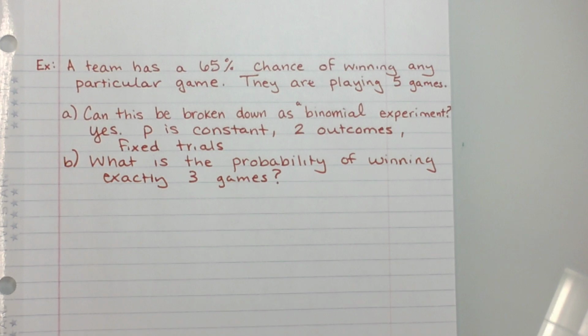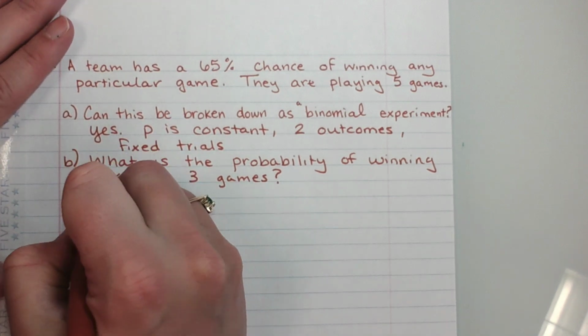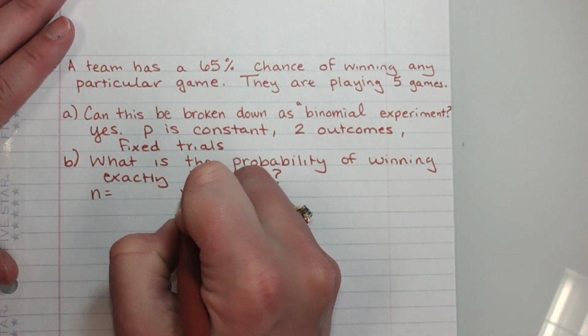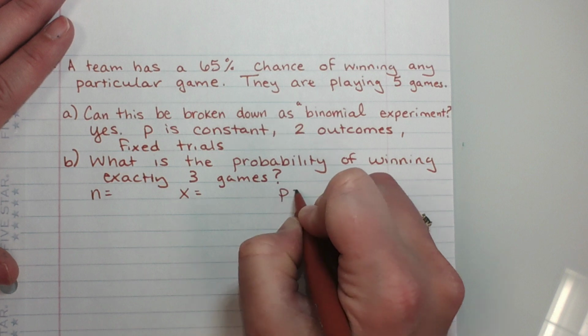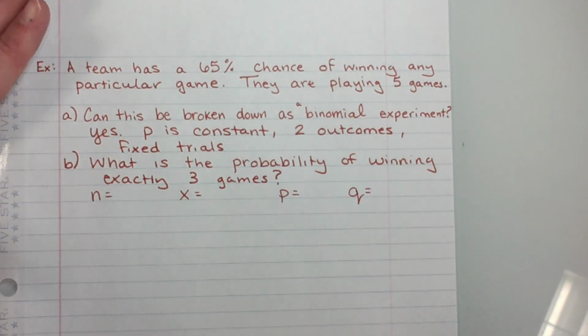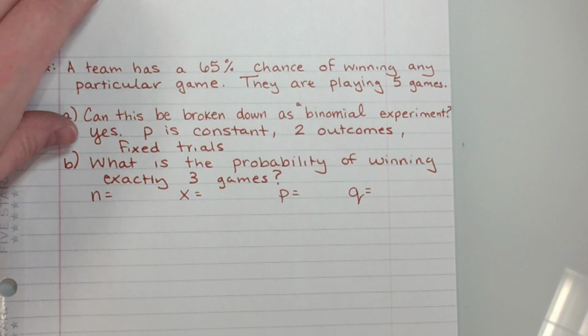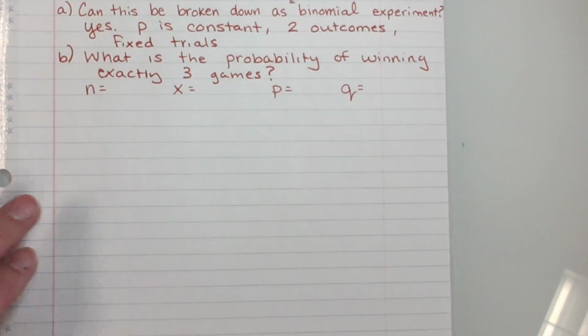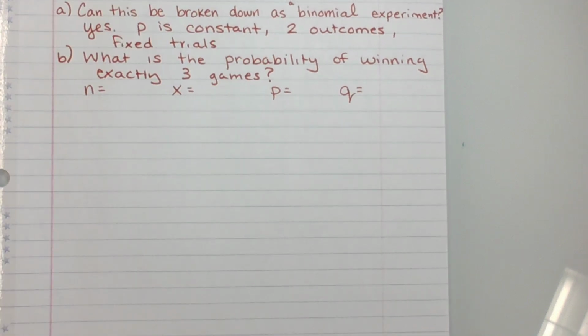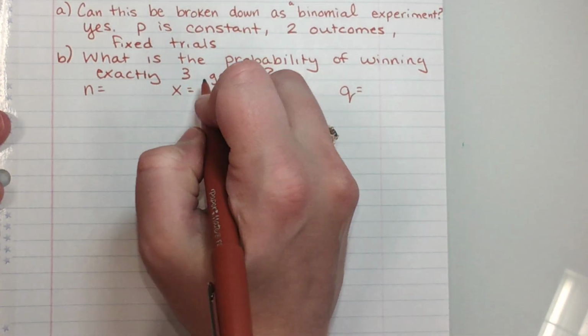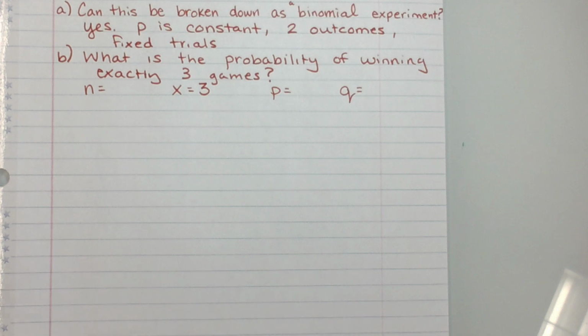Okay. In order to do this, I need N, I need X, I need P, I need Q. Those are my 4 variables going into this. Bella, could you give me any of those 4 variables? X is 3. Yep. Beautiful. Quinn, could you give me any of the others?